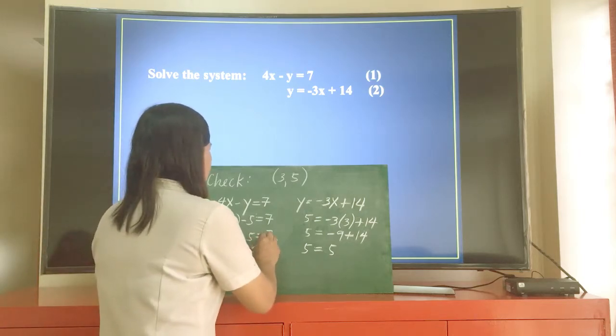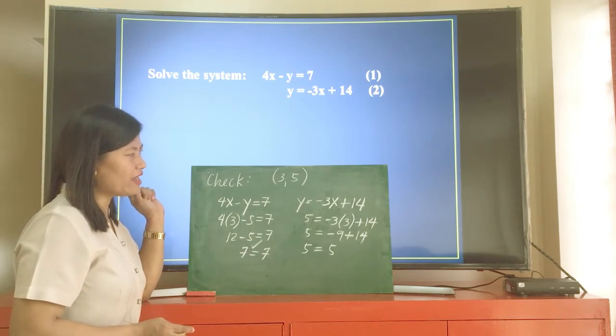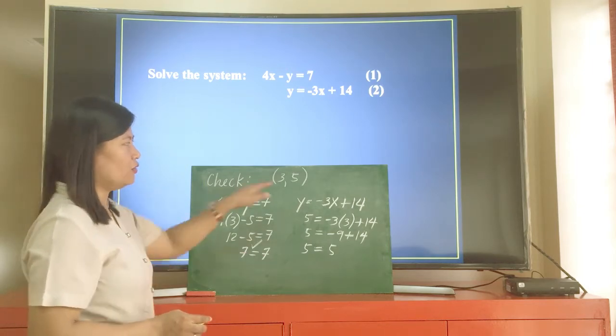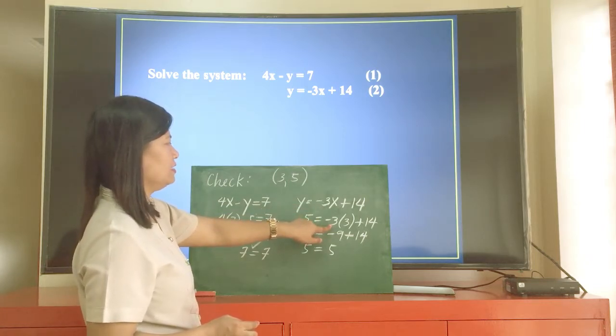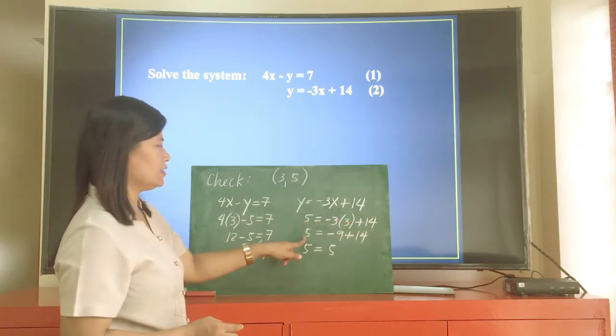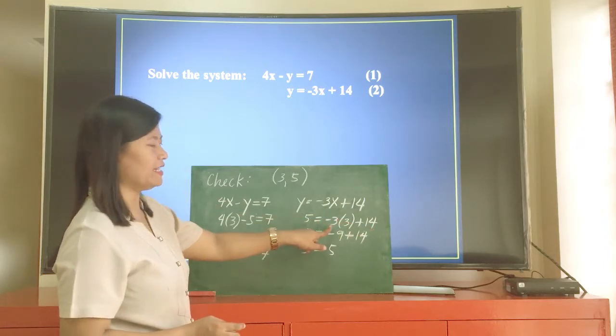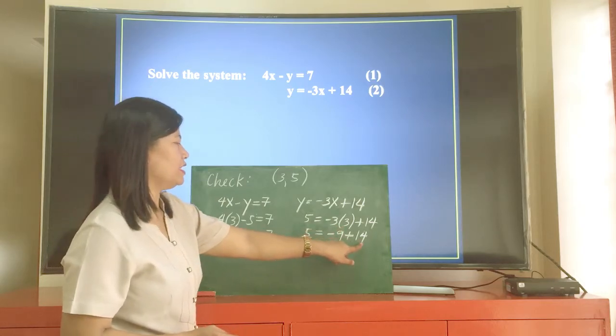Yes. Next, equation 2. y equals negative 3x plus 14. Our y is 5. Again, our x is 3. So, copy 5 equals negative 3 times 3, which is negative 9, plus 14.